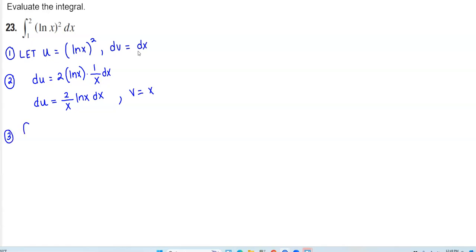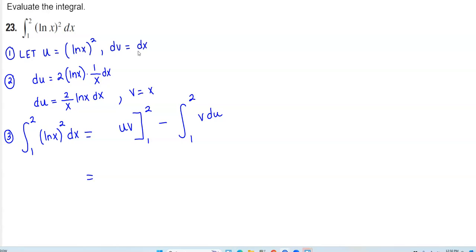Now for step 3, write our original problem. We have that integral, and then we're going to use the following formula: u times v going from 1 to 2 minus the integral going from 1 to 2 of v du.